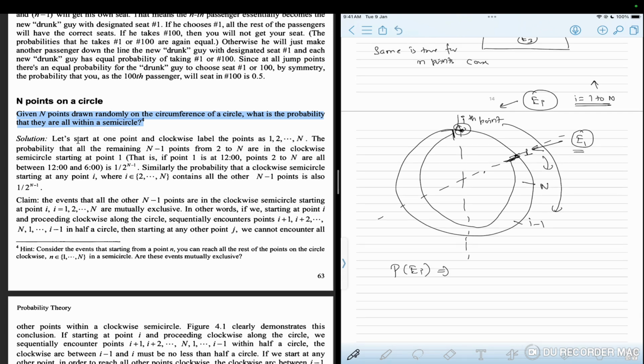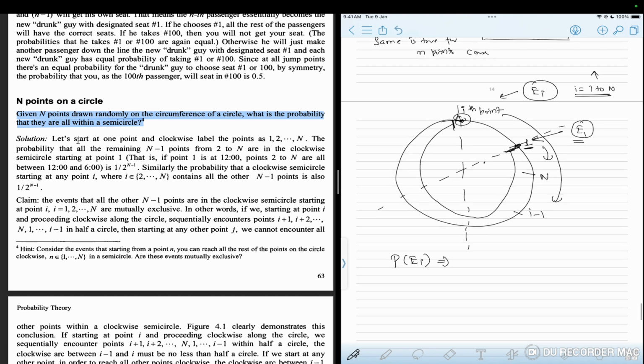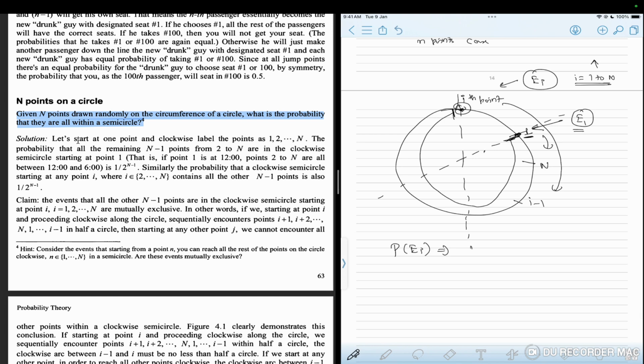For any point, there are n minus 1 points remaining. If this is the starting point of the semicircle, we want all n minus 1 points to be on one side of this line. The probability for each individual point is 1 by 2, and this should happen for n minus 1 points. So the probability is 1 upon 2 to the power n minus 1.